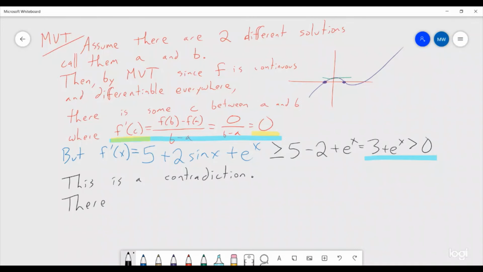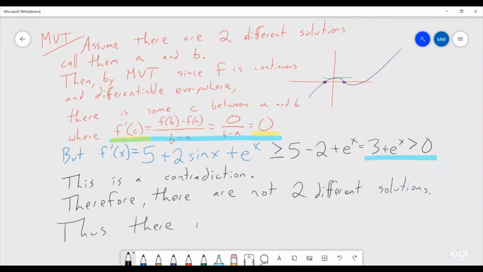Therefore, there are not two different solutions. What does this mean? That means there is exactly one solution. That is how we would be able to approach this problem.